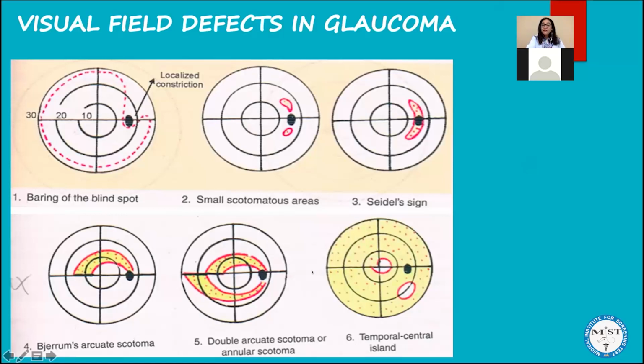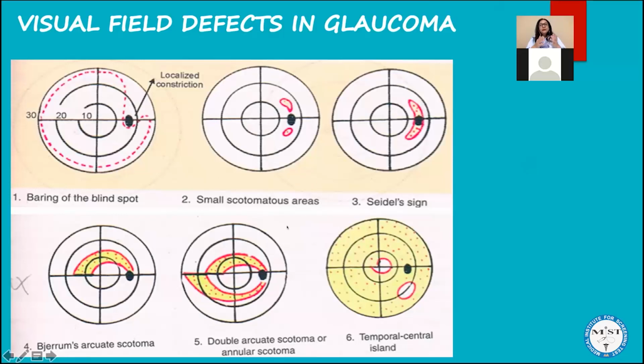And gradually, when the nerve damage is very severe, almost the whole visual field is damaged except for a central island and a temporal island of vision, because nasal fibers are damaged last. So again, you can very well notice, dear friends, how the progressive changes are happening.